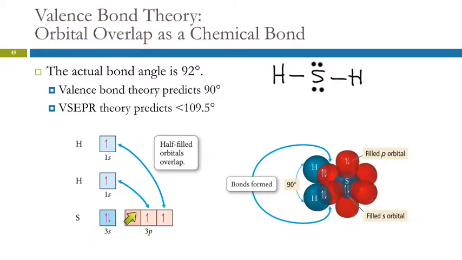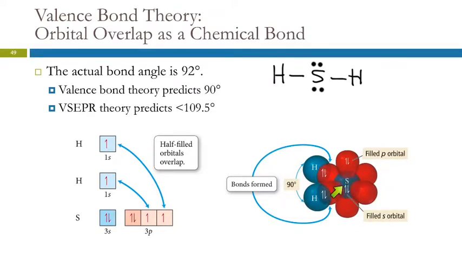Of the 3p orbitals, one's full and two of them are half full. So we can have overlap between this half-filled orbital and that half-filled orbital, and overlap between this one and that one. So here in this odd balloon drawing, it looks like some crazy balloon art.